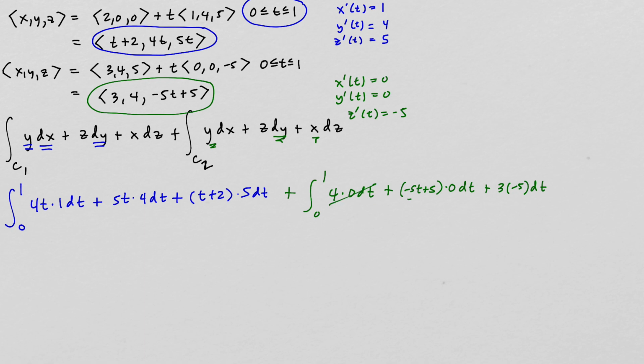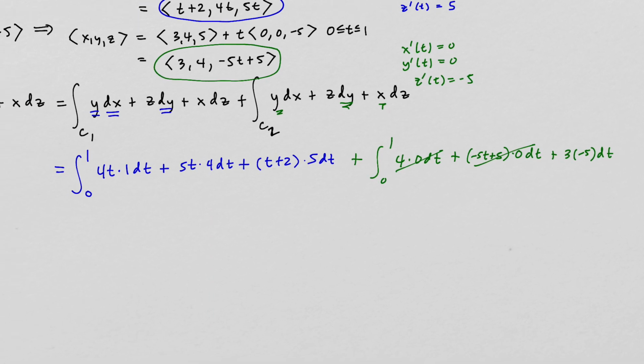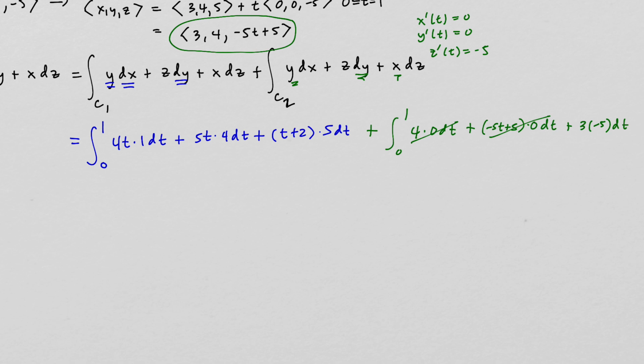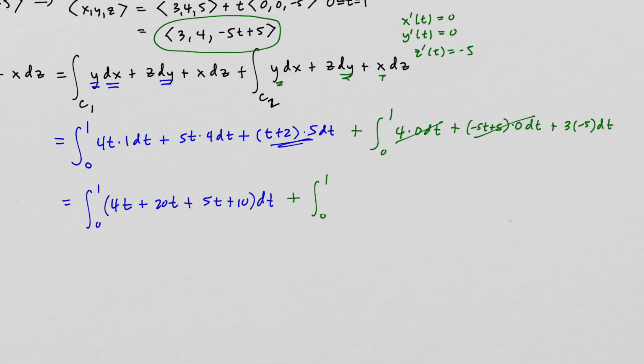So that's 0, that's 0. We can ignore those, and now we can just focus in on the rest of this. So I have the integral from 0 to 1. I've got 4t plus 20t plus, right here I have 5t plus 10 dt plus the integral from 0 to 1 of, what do I have here?